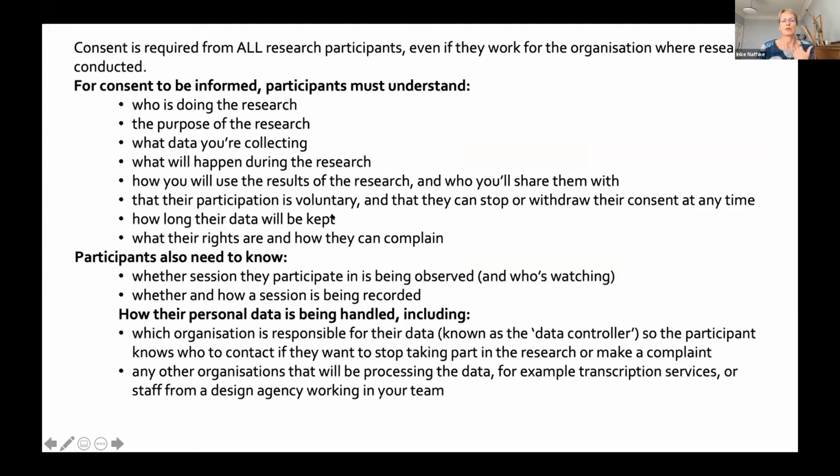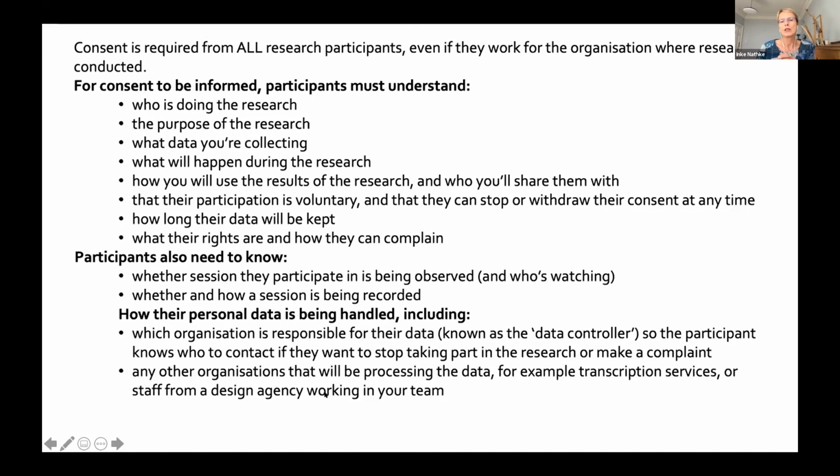Again, just as in medical research, participation is voluntary, and our consent form, just as others, makes it very clear how, if participants choose to withdraw, they can do that, how their data will be handled, how long it will be kept, and what their rights are.